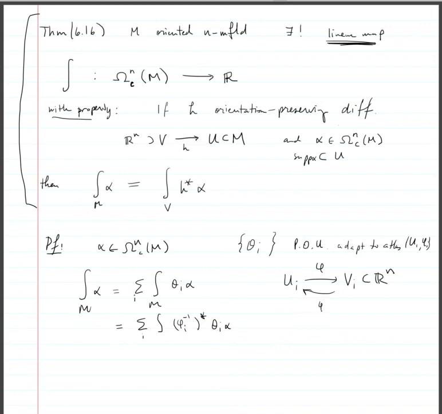I take the form theta I alpha, which is supported in ui, and I pull it back under this. That's in vi. And in vi, it's exactly just the integral that we know. So it's the integral on Rn of this pullback. So this is an integral on Rn.